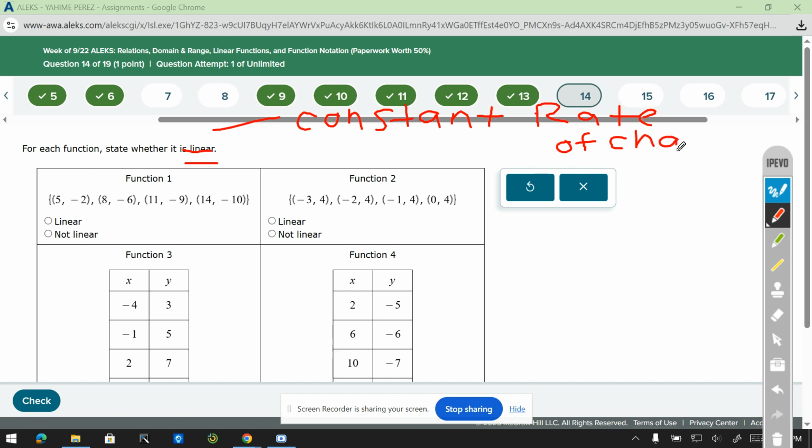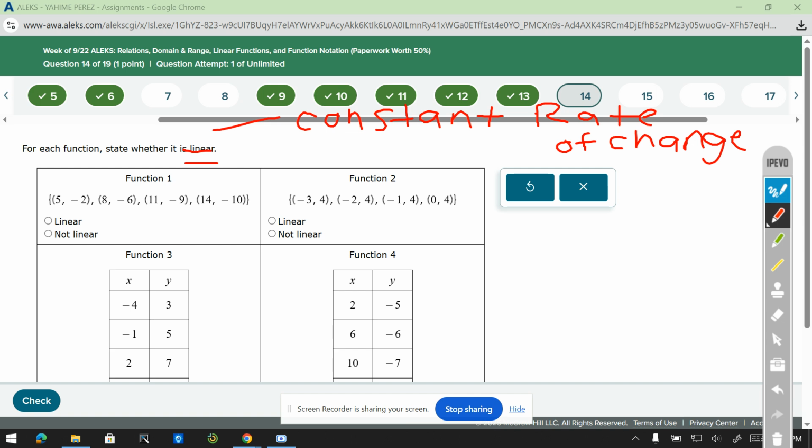So what does that mean? I'm going to look at all the x values and see how they are changing. I want all of the x values to be changing by the same number, either adding the same number or subtracting the same number. And then I also want the same thing for the y values, okay?